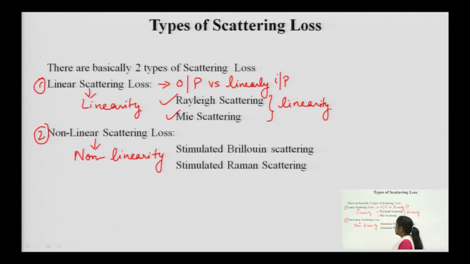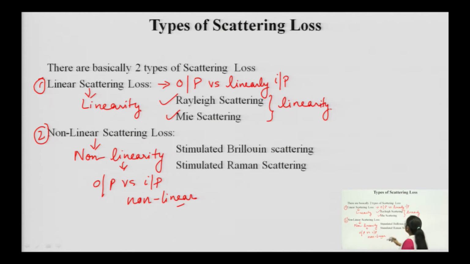Now come the non-linear scattering laws, about which we will discuss in the next lecture. In this non-linearity, the output versus input relationship is non-linear. And in this there are two types.